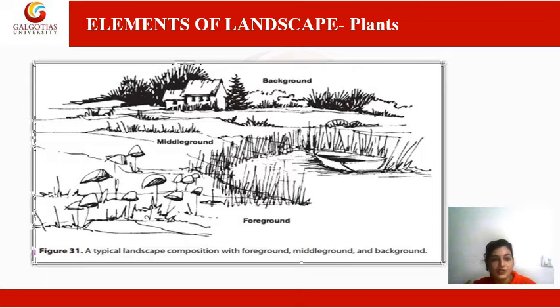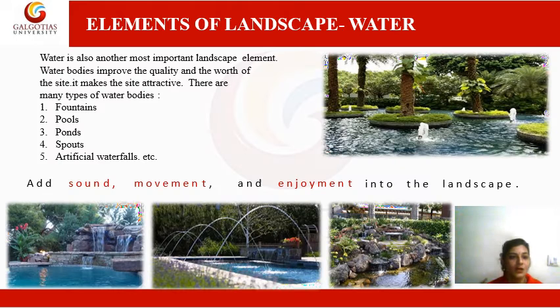This is a naturally existing landscape, but due to plants we are able to recognize and differentiate the things, the material, the spaces which are existing in this picture. We are able to do this due to naturally existing plant material.